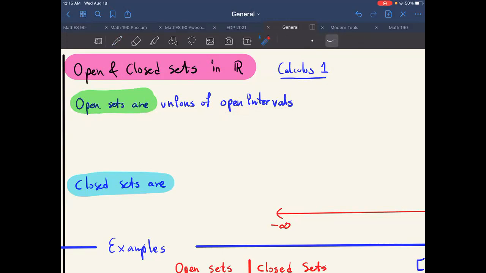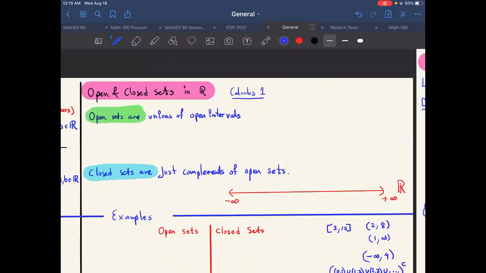And what are closed sets, Professor? Closed sets are just complements of open sets. Those are closed sets. All right, so let me give you an example.